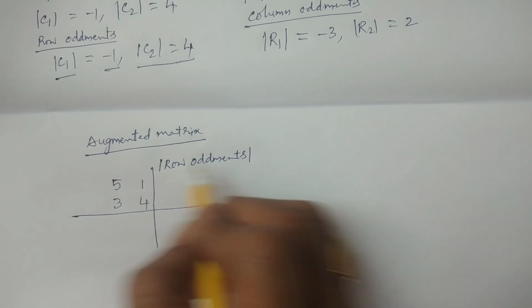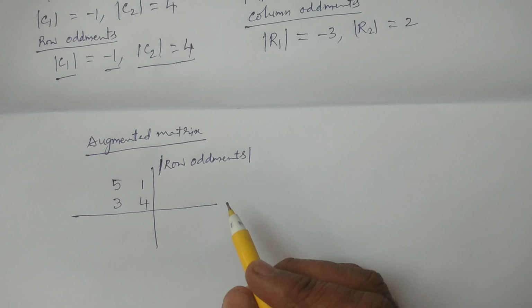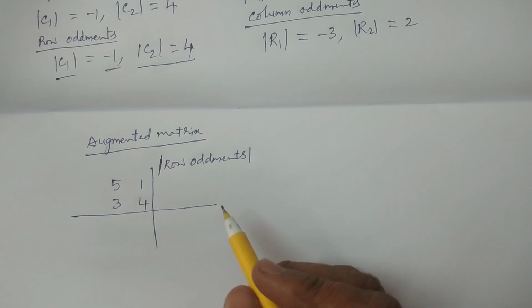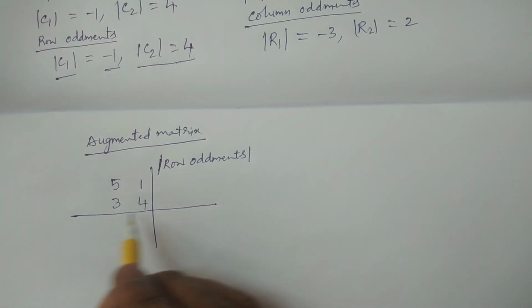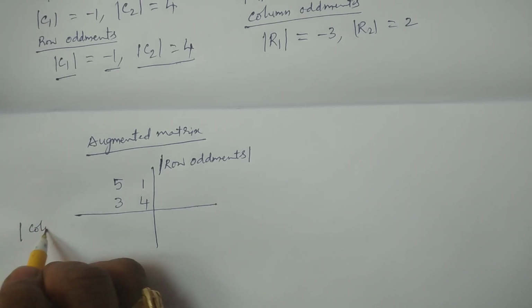Modulus means that whatever value of oddment we get, we ignore the sign of the oddments. Similarly, the modulus of the column oddments.